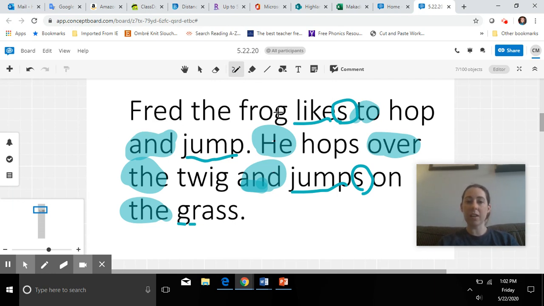Fred the Frog. He over. If you don't know this word, tap it out. Twig. Okay, I think I've got a good idea.